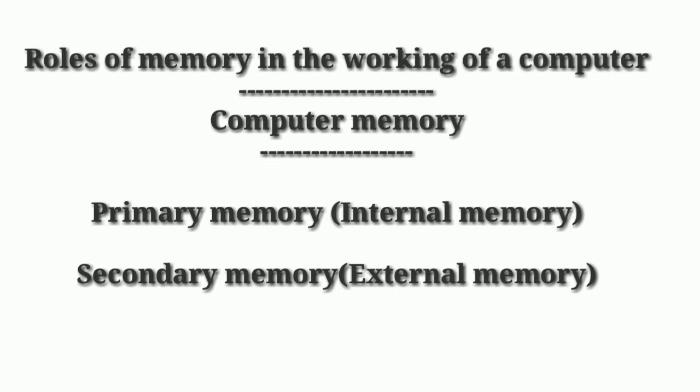But secondary memory is external memory, which we can attach externally, like pen drive, CD, hard disk, etc. You are already familiar with these, and we will discuss them later. Anyway, computer memories are mainly divided into two types: primary memory and secondary memory, that means internal memory and external memory. First, we can discuss primary memory or internal memory.